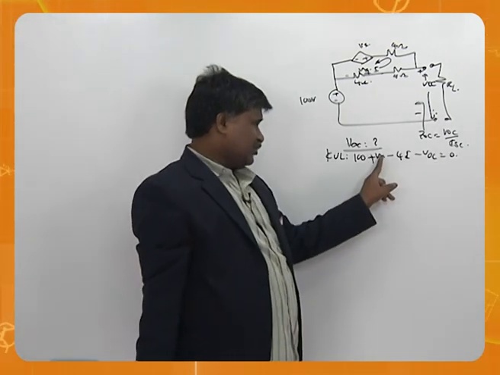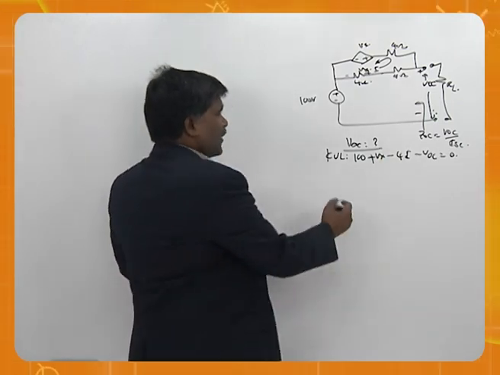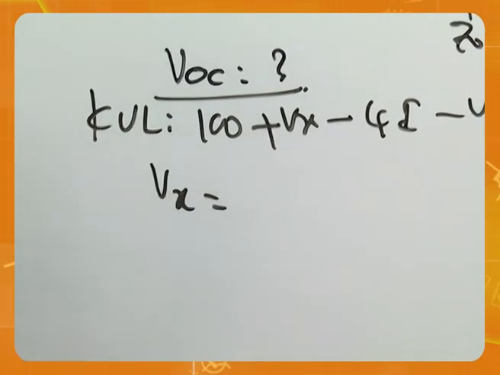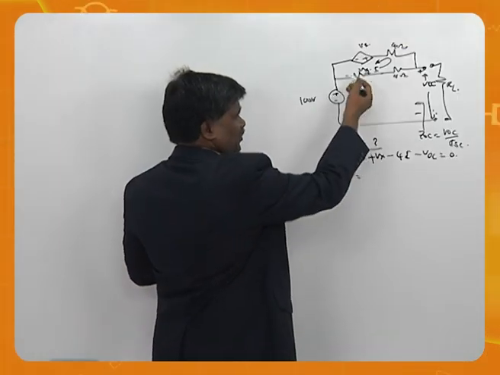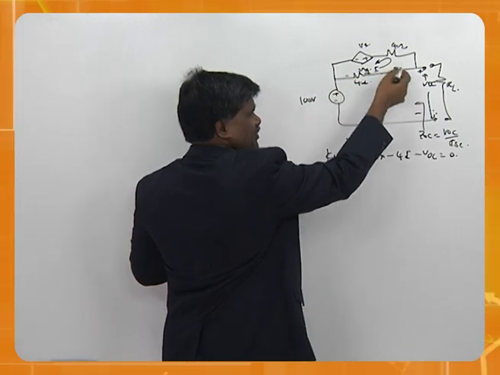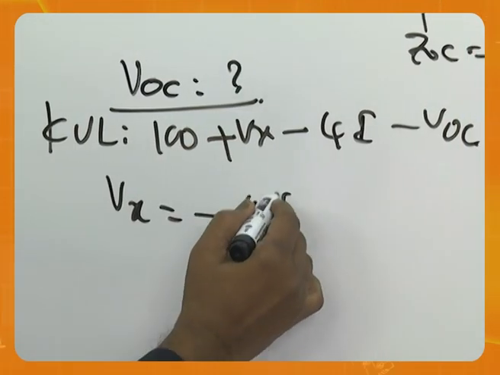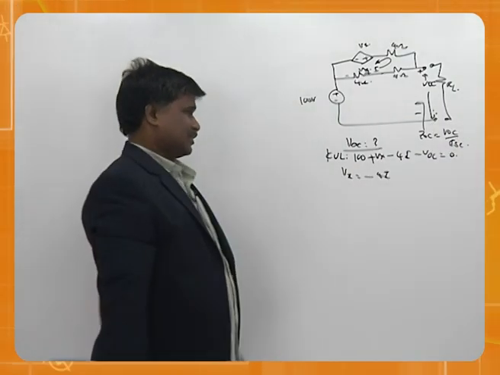But for that you need to know what is I and what is Vx. Can you think over what is the meaning of Vx? Current is going in this direction, so this is minus 4I. Please substitute there.